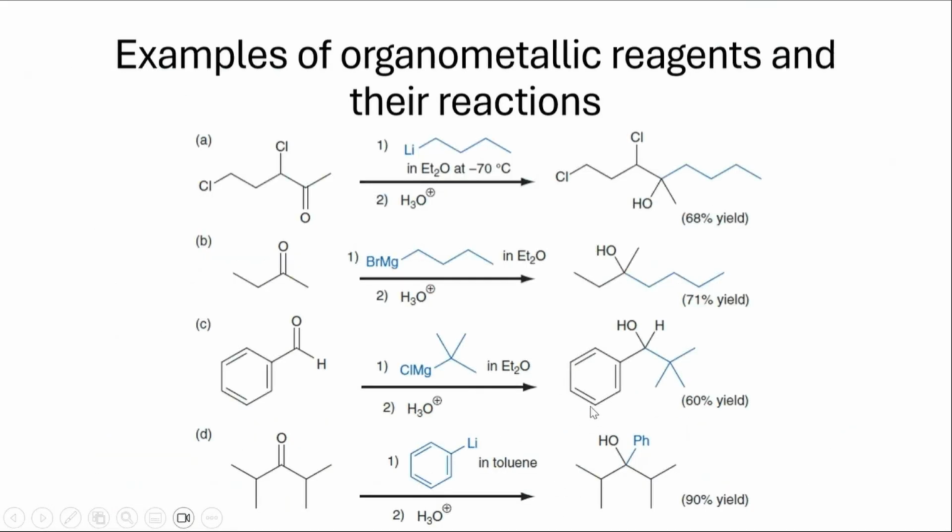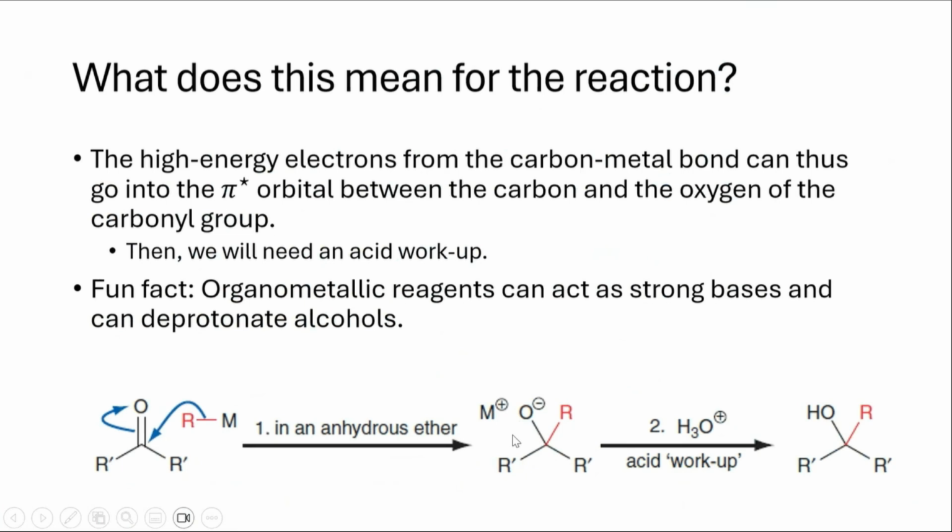We get what is known as an alkoxide here. We have a metal cation, and an oxygen with a negative formal charge. So we'll need an acid workup in the end.